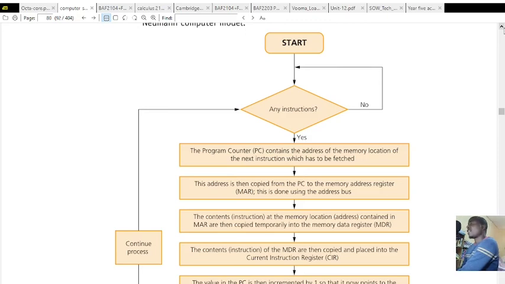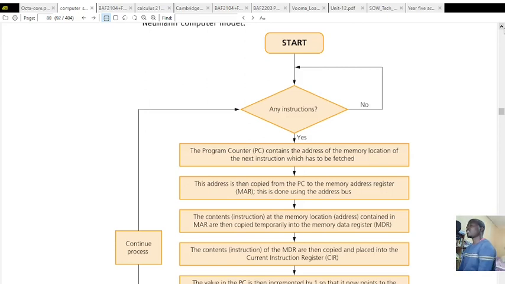Then from there the data bus will ferry the content of that identified memory location, the memory location that is in the memory address register, from the actual memory location into the memory data register.